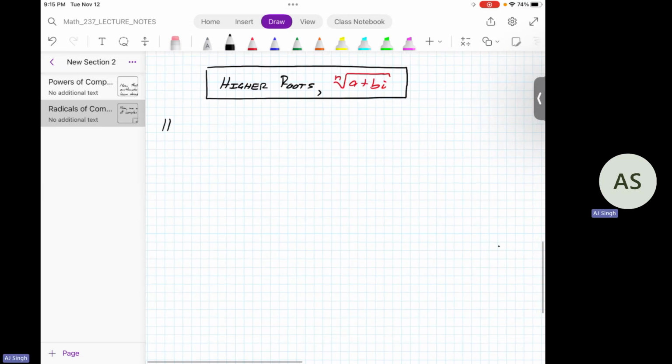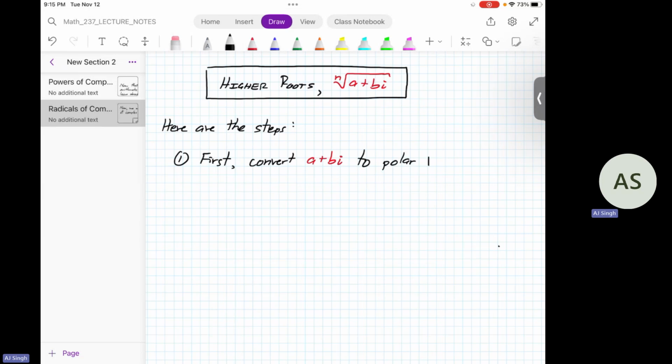Here are the steps, we'll just say. First, we convert to polar form. Convert a plus bi to polar form.